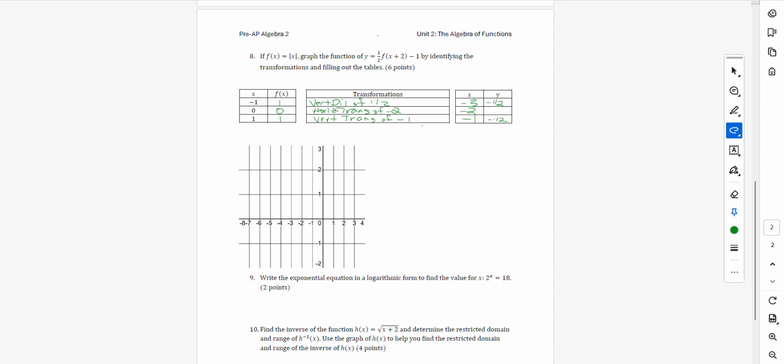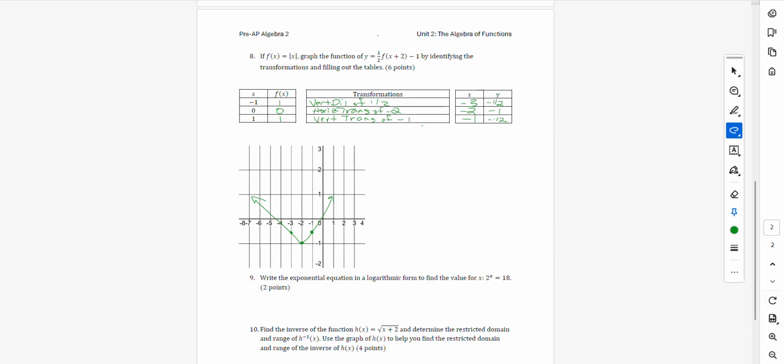And then 0 cut in half is still 0. Done. So the graph looks like this: -3, -1/2, -2, -1, -1, 1/2.